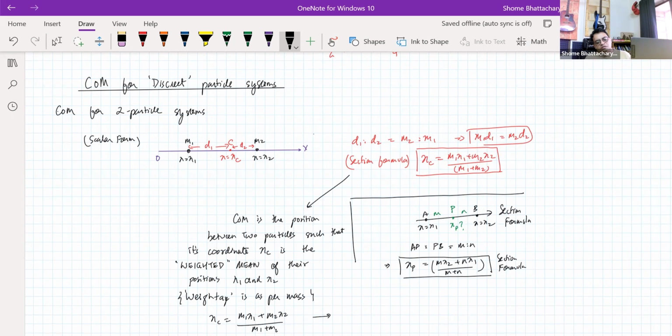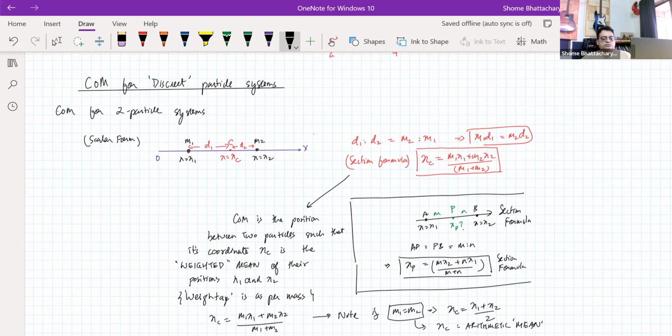And that is why for a symmetrical system, the weighted mean position will become the arithmetic mean position. If m1 is equal to m2, then xc will become the arithmetic mean position. So that's another way to understand qualitatively the center of mass of a two particle system.